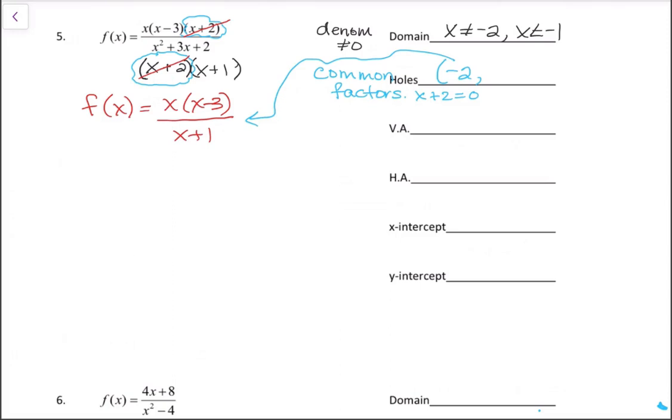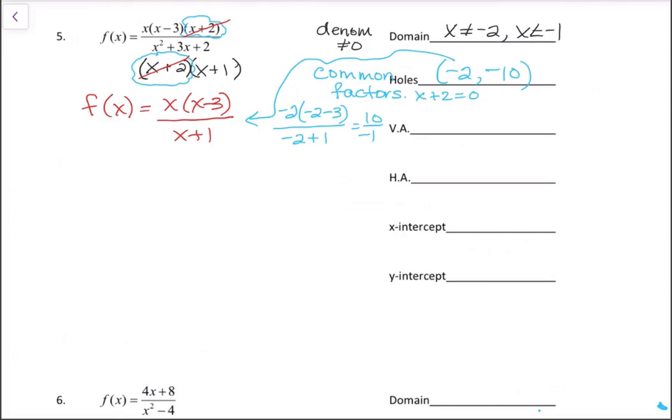So we're going to get -2 times -2 minus 3 all over -2 plus 1. On top, in the parentheses, I'm going to get -5 times -2 is 10, over -1. So the y value for the hole is located at -10.